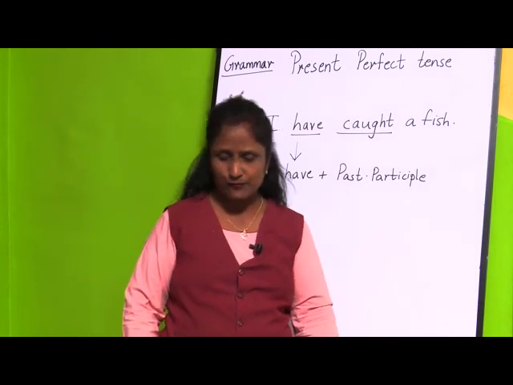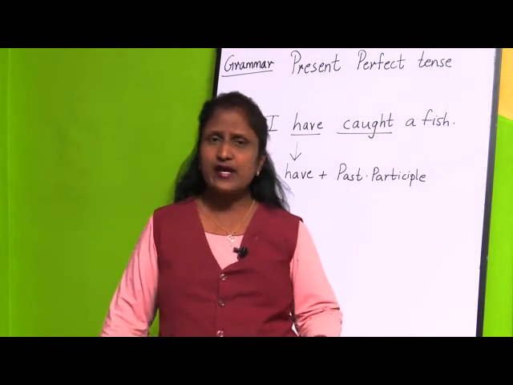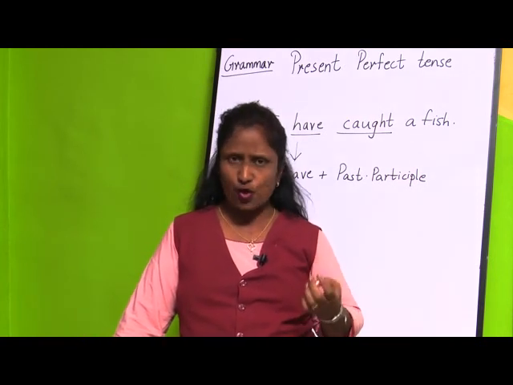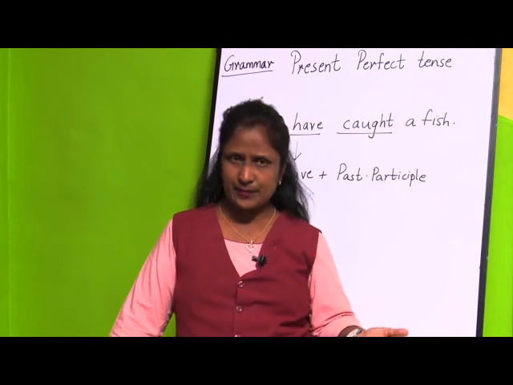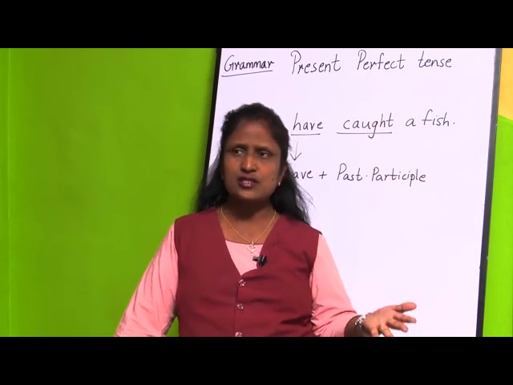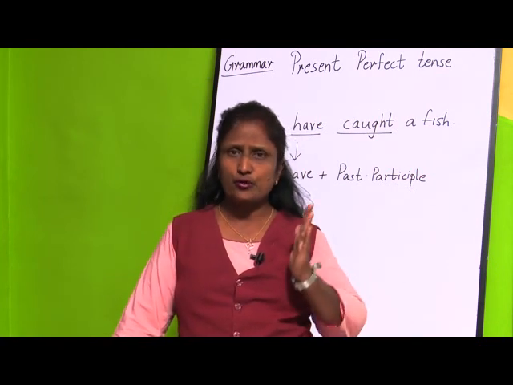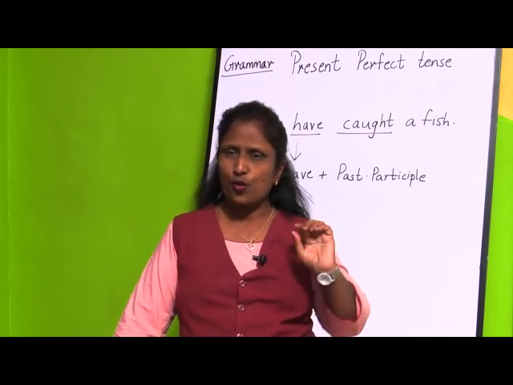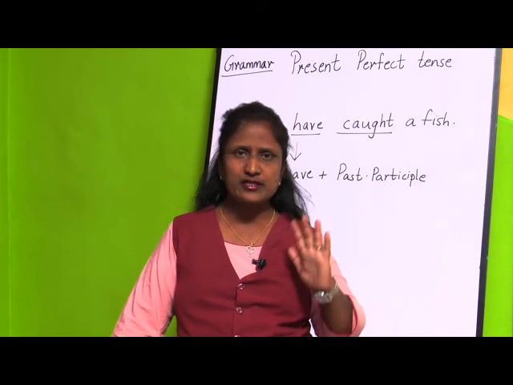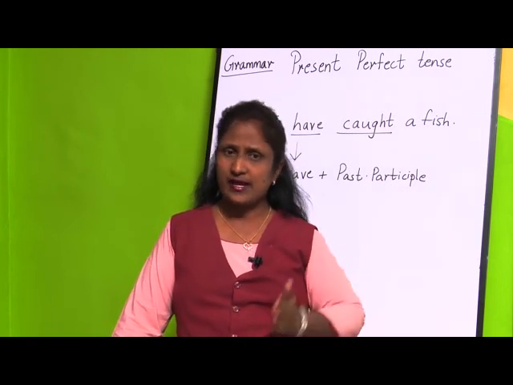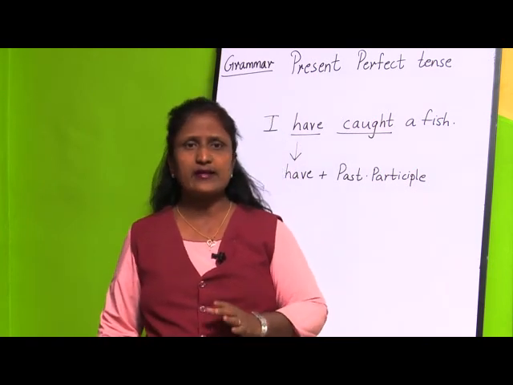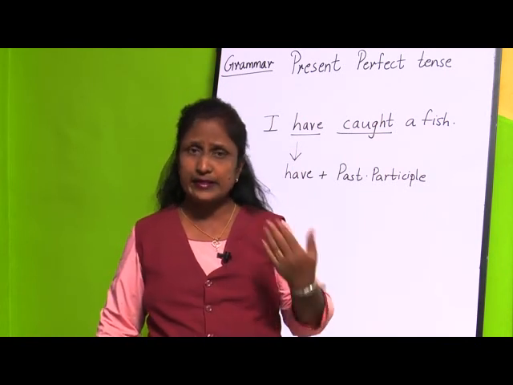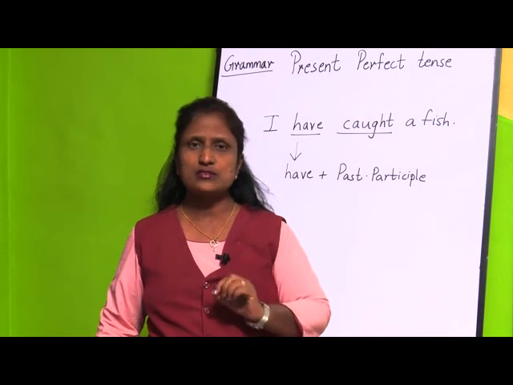One thing before that, children: when we are writing a sentence with he, she, it or any other third person, we use the verb has. Always remember this, because sometimes you get confused between has and have.